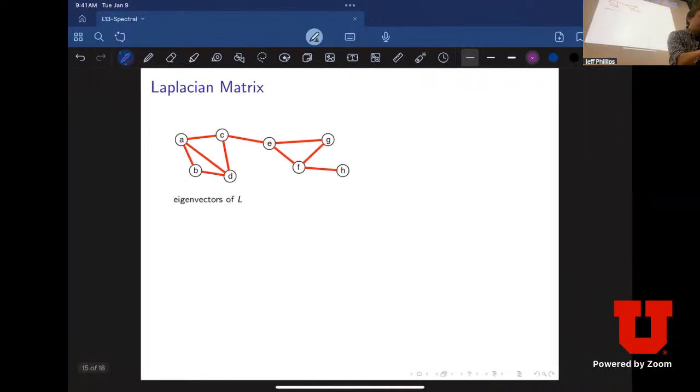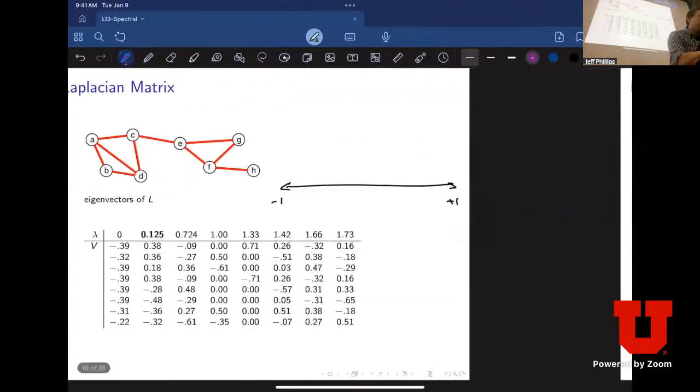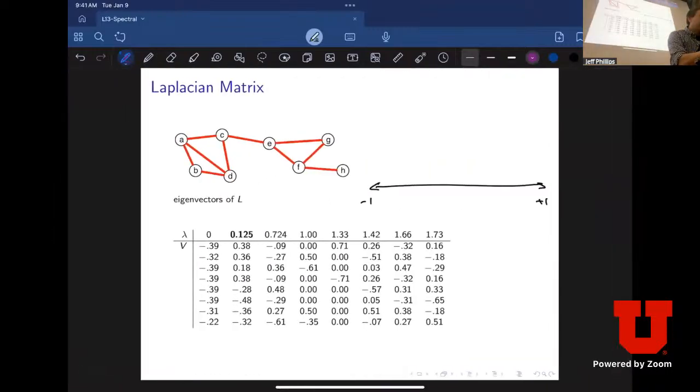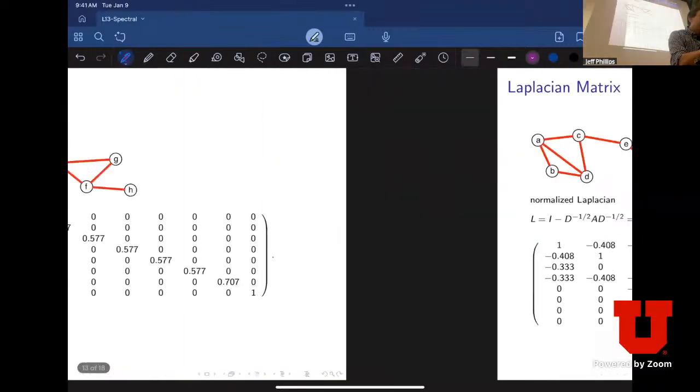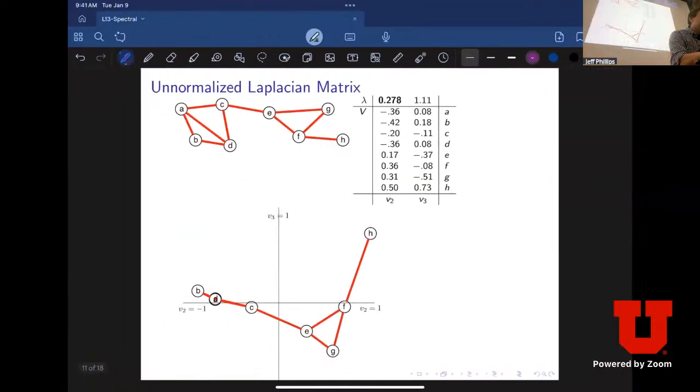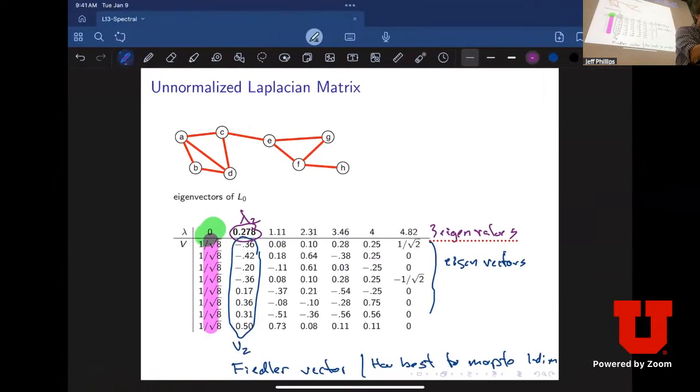Where did stuff go? It looks like I somehow jumped ahead here. How did that happen? Okay, so I'm going to map this data onto one line here, from -1 to +1. And I'm going to draw each of these vertices.